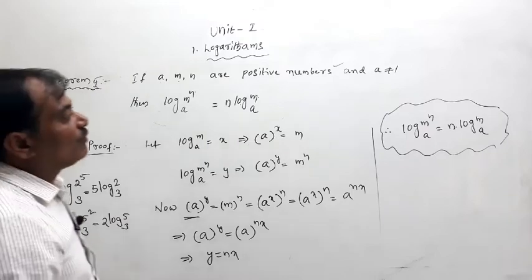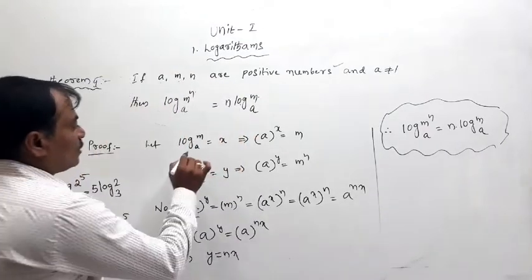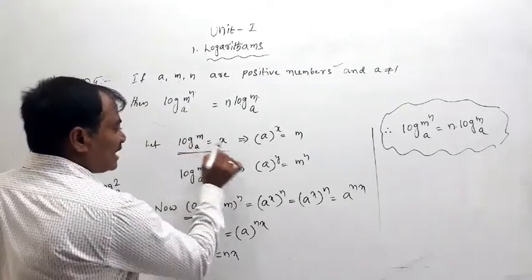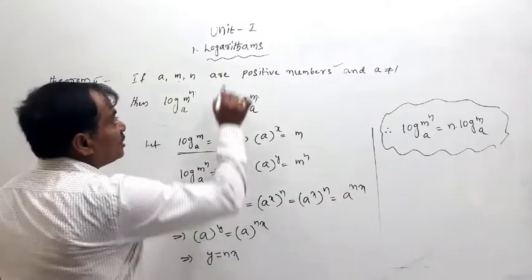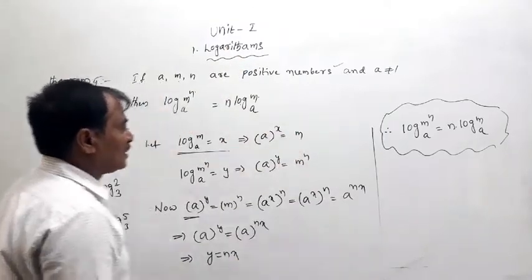Now we have to discuss the proof of this property. Assume log m to the base a equal to x; by the definition of logarithms, a to the power of x equal to m.